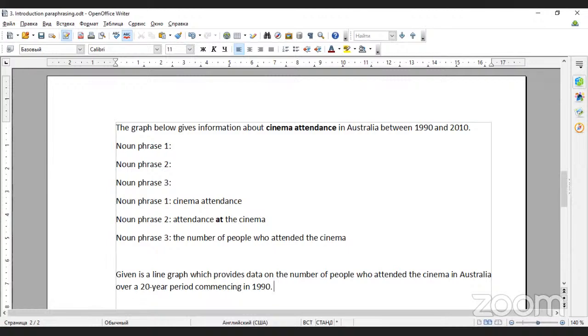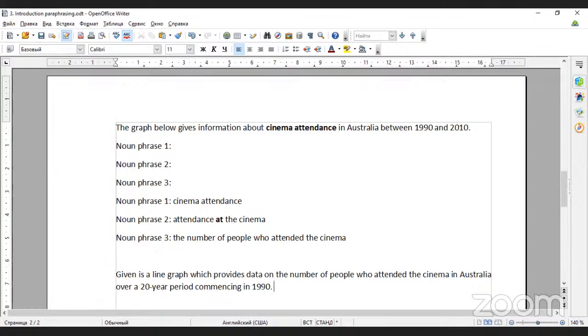Okay, so that's how you write introductions. But no matter how brilliant your introductions are, they will not help you get a high score. Even if you're a master of writing introductions, this skill alone will not help you. The examiner will never look at your writing and say, oh, that's a wonderful introduction, I should probably give this person a 7 or 8.